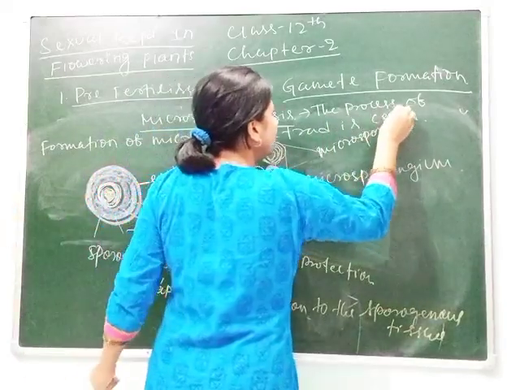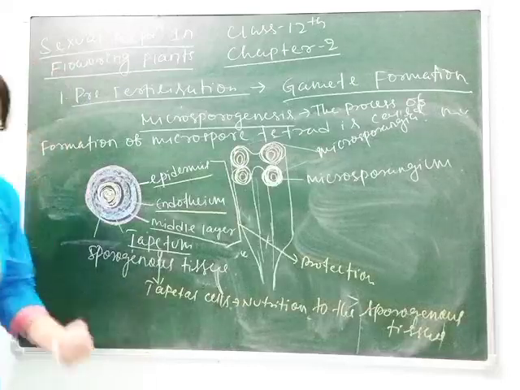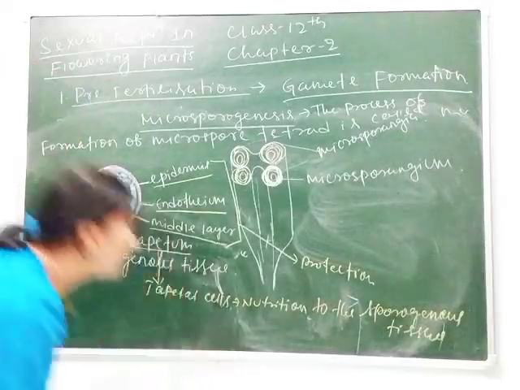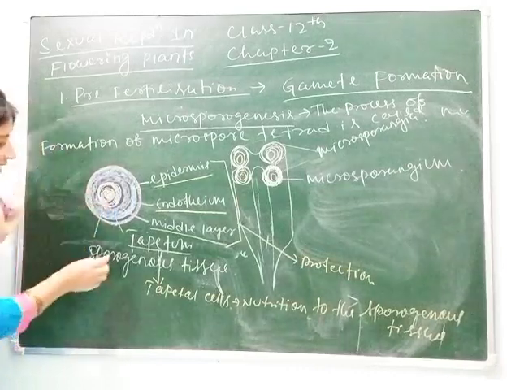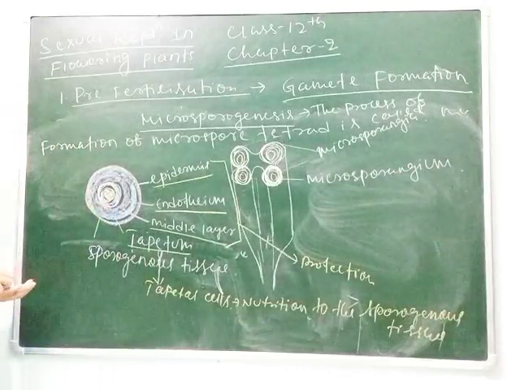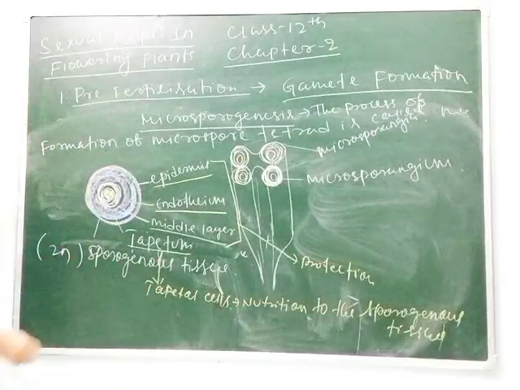Students, remember, the sporogenous tissue has the ploidy 2n. Here I have written the sporogenous tissue, and it has the ploidy 2n.